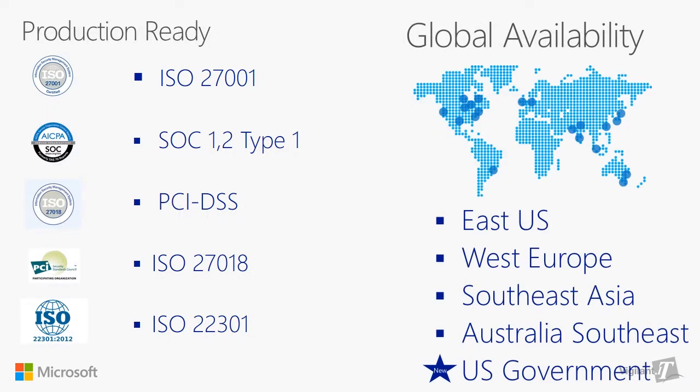OMS is available worldwide and was recently announced for the US government. OMS is hosted in Azure, which is certified many times over with the International Organization for Standardization. Azure is certified in ISO 27001. This certification outlines hundreds of controls and control mechanisms to help organizations of all types and sizes keep information assets secure.